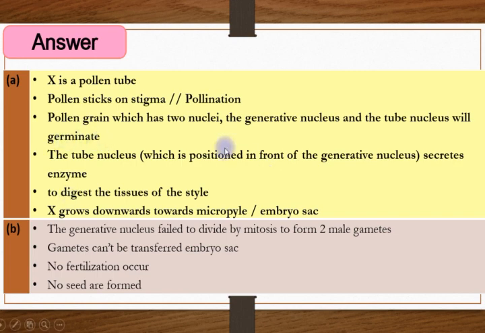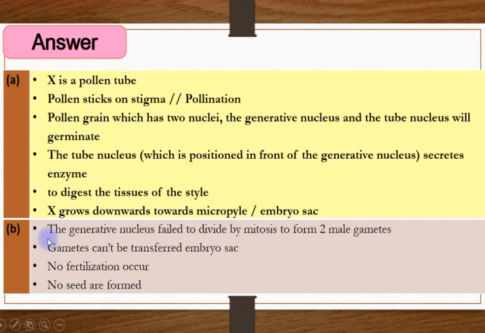And then the tube nucleus, which is positioned in front of the generative nucleus, will secrete enzymes. The enzymes digest the tissue of the style. And then the pollen tube will grow downwards towards the micropyle or the embryo sac. Okay, so that is question A.